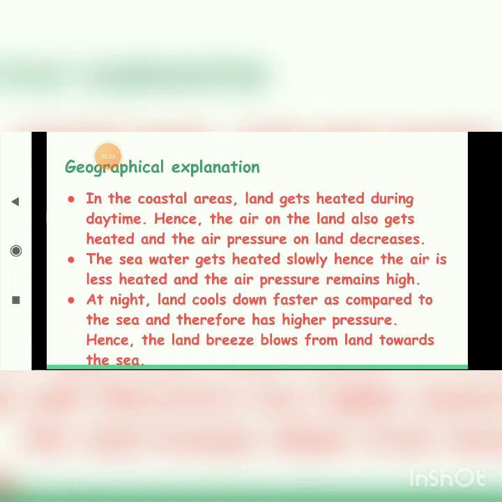The sea water gets heated slowly, hence the air is less heated and the air pressure remains high. At night, land cools down faster as compared to the sea and therefore has high pressure. Hence, the land breeze blows from the land towards the sea.